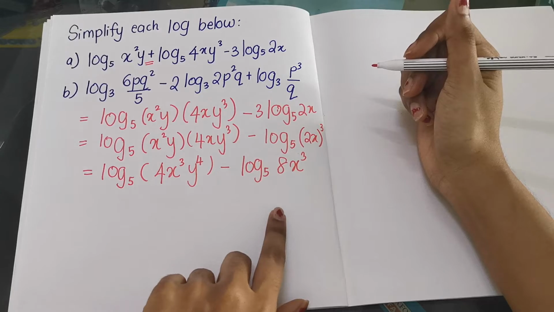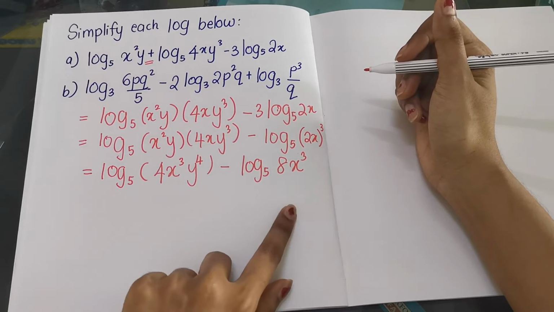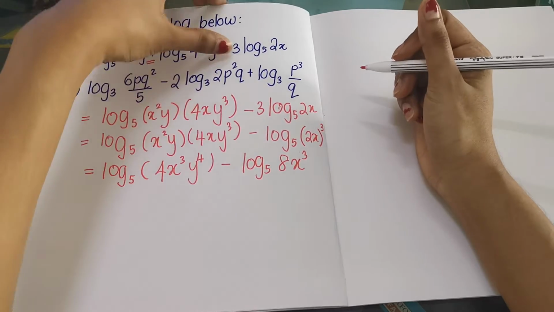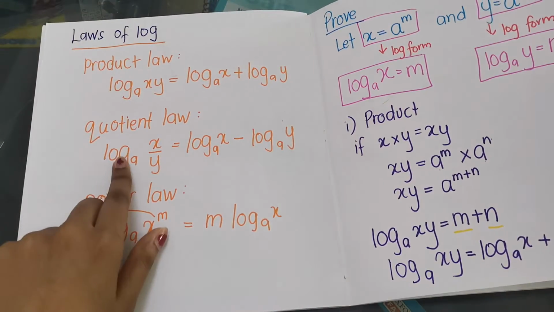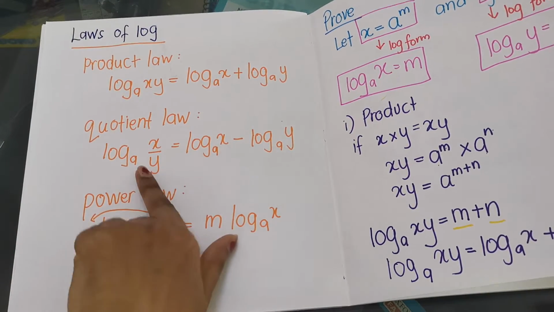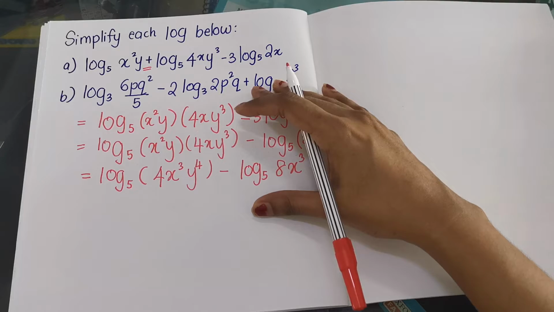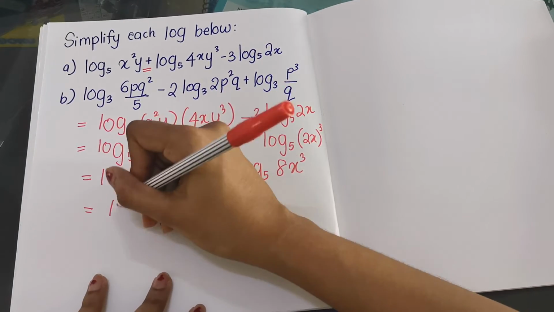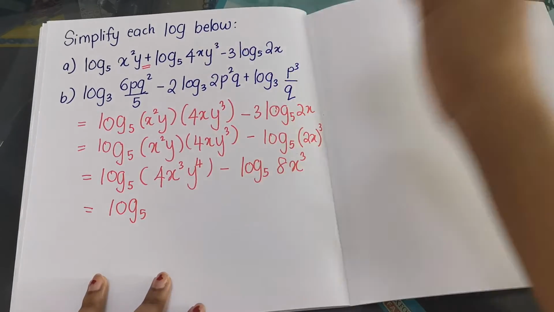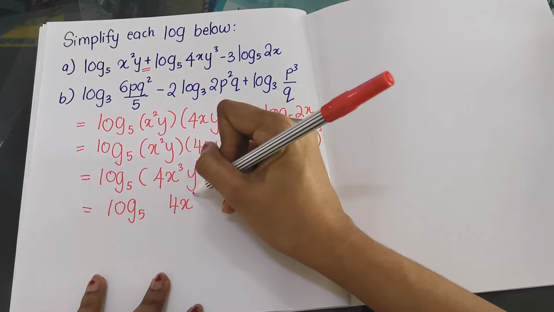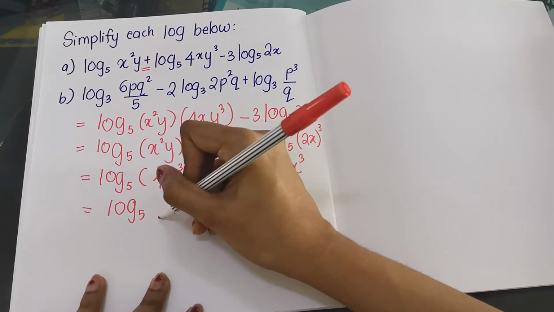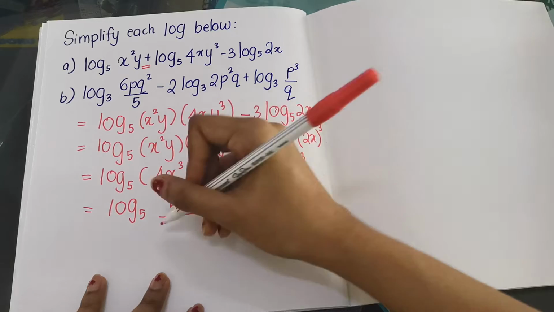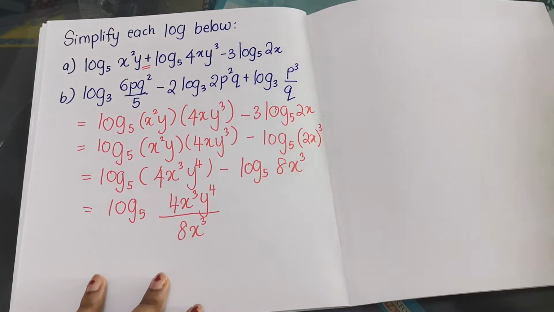Now we already got until here, and we still have the same base and it's minus. If it's minus, we can use the quotient law, because minus means we can divide the logs. So it's going to be log base 5 of 4x to the power of 3 y to the power of 4, divided by 8x to the power of 3.